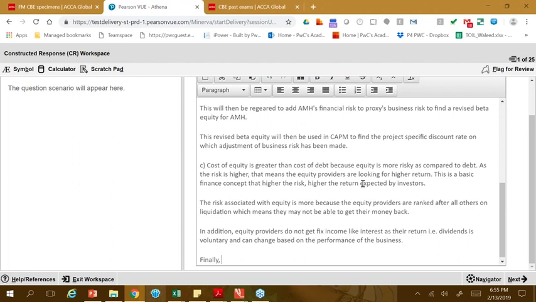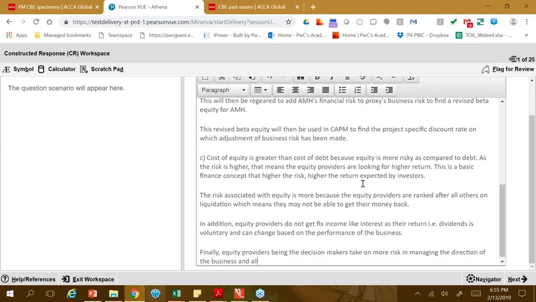Finally, equity providers, being the decision makers, take on more risk in managing the direction of the business.